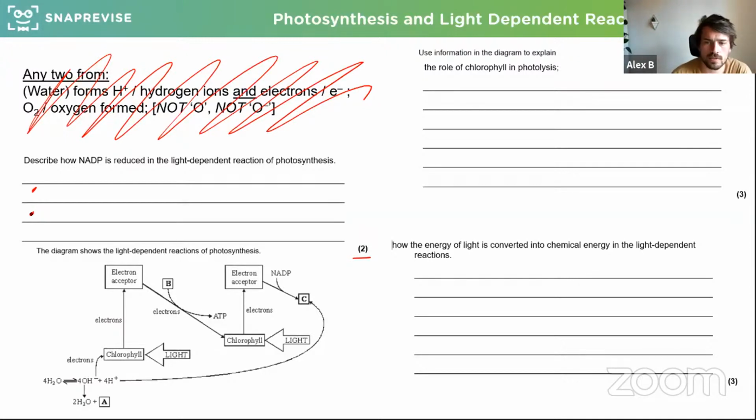So reduced. Reduction is gain. That should be basically what you're thinking of for your answer. So how is NADP reduced? Basically, how is anything reduced? What happens?